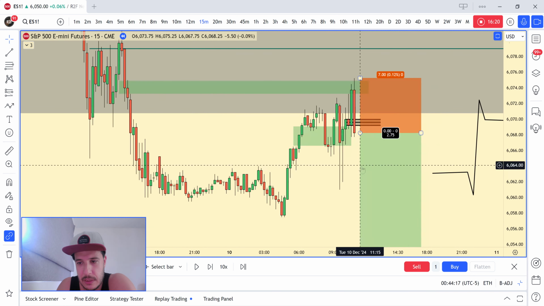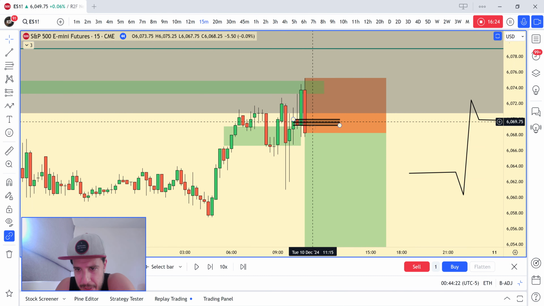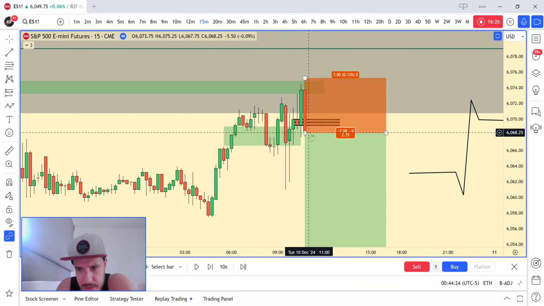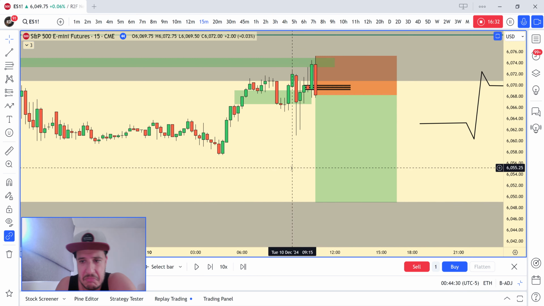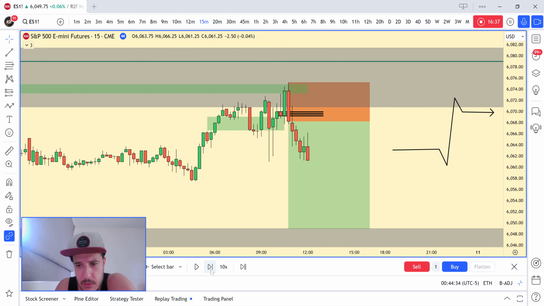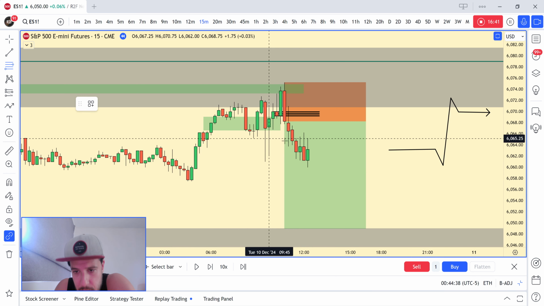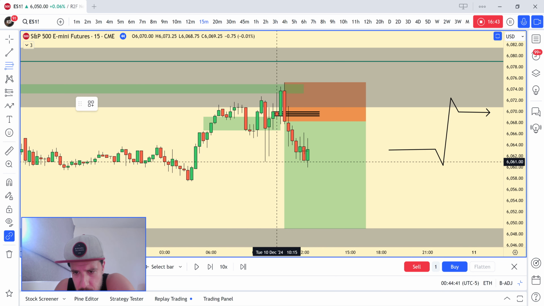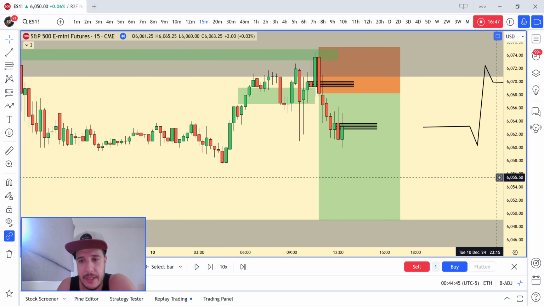Okay, so let's see. I'm not going to put a limit up here. Splitting hairs. It's a small difference. So yeah, let's see if this works out. Okay, this is how you can follow price as well. You can monitor this as well, and this is how I may trail my position.